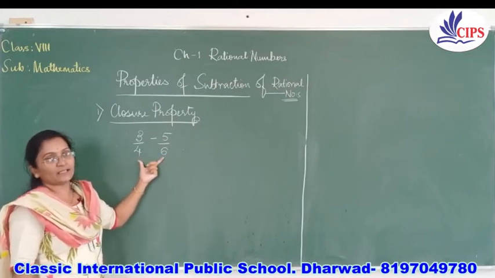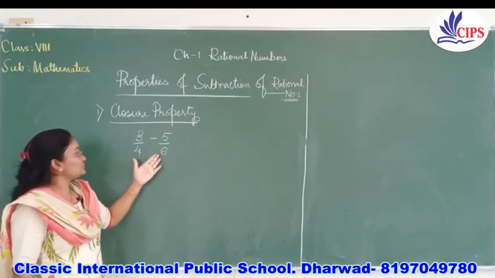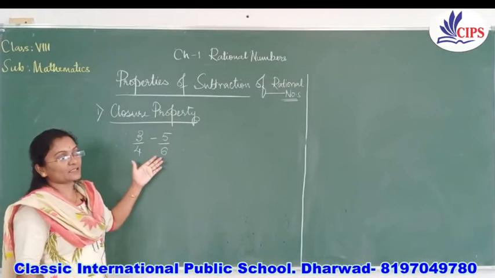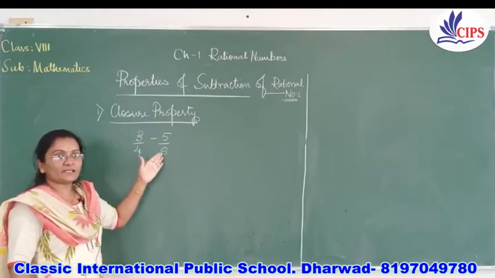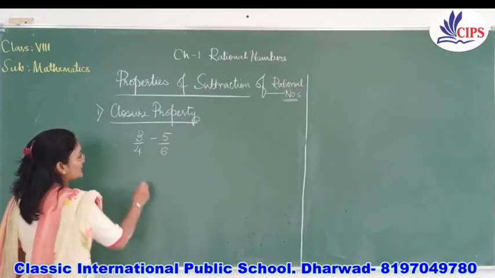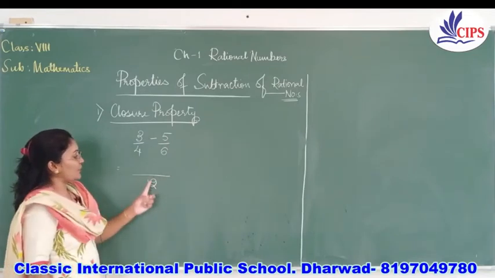So we need to take the LCM of 4 and 6. You know how to take the LCM. Now I'll write the multiples of 6: 6 ones are 6, 6 twos are 12. Now 12 is divisible by 6 and also by 4. So the LCM of 4 and 6 is 12.